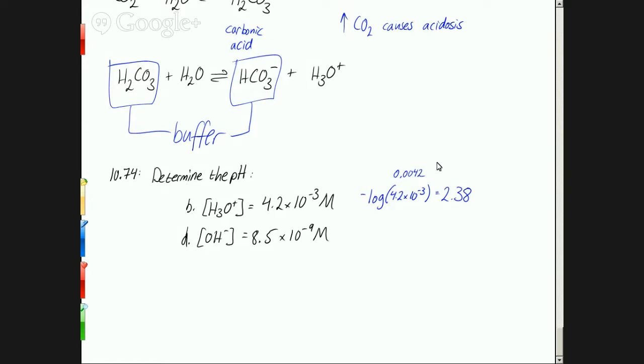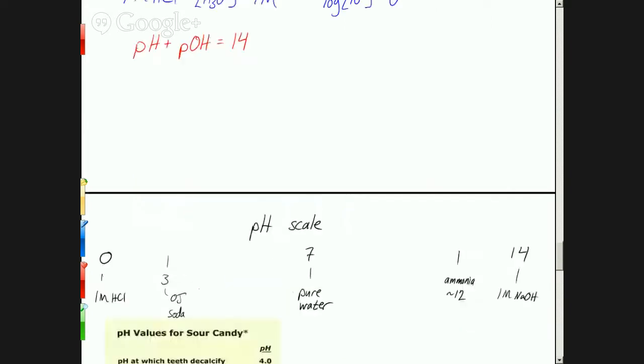So the second one, there's an extra step here because we're not given the hydronium ion concentration, we're given the hydroxide ion concentration. So what we have to do is find the pOH and then subtract that from 14. Remember the pOH and the pH add up to 14.